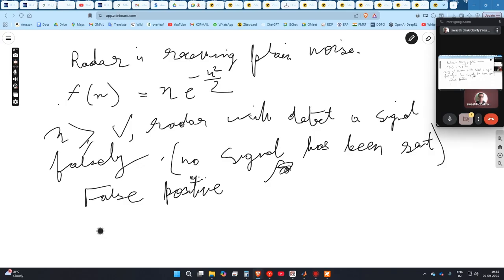And the opposite of this is called a false negative, where even if you have transmitted a signal, because the signal is lower than a threshold voltage, you are detecting nothing.